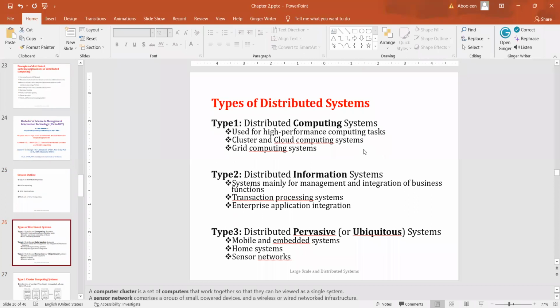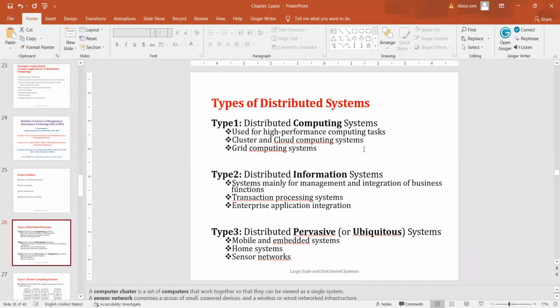In distributed computing, the components are geographically dispersed and connected through a network, and they share data, storage, bandwidth, or computing power to carry out a specific task.